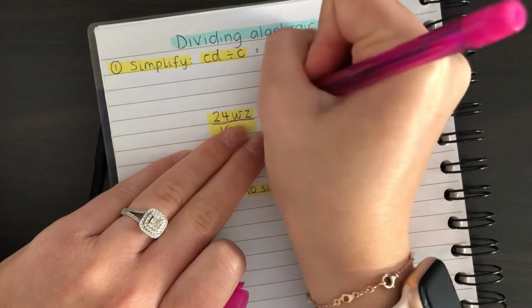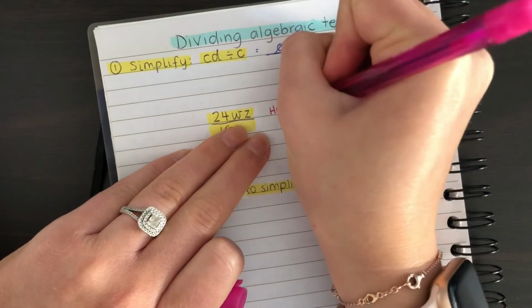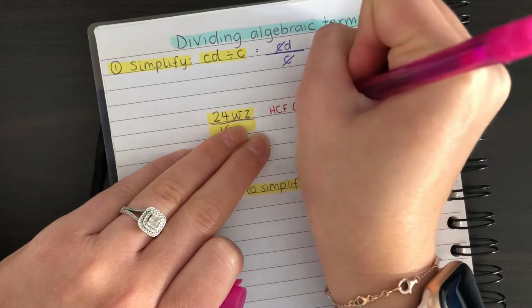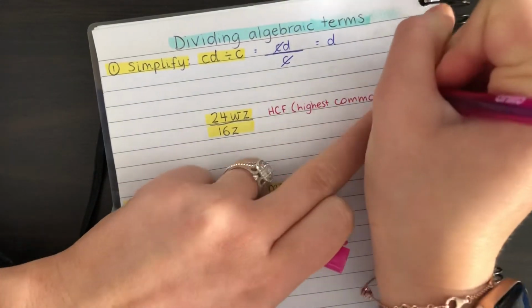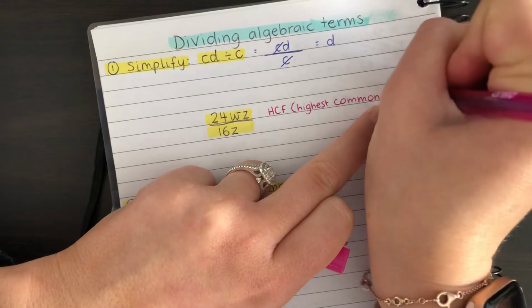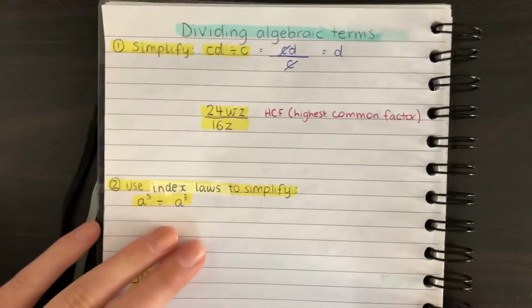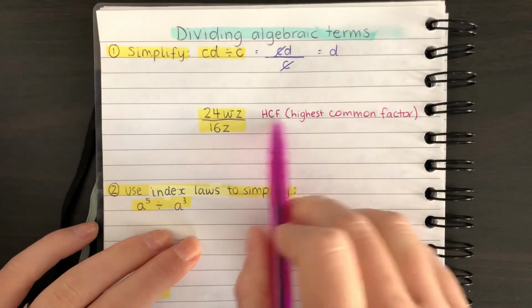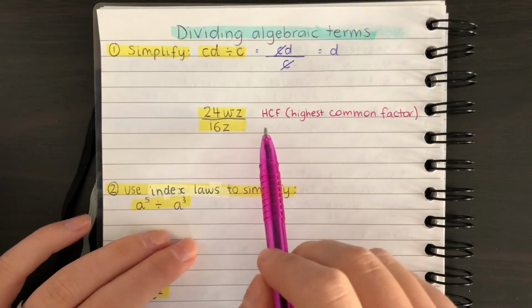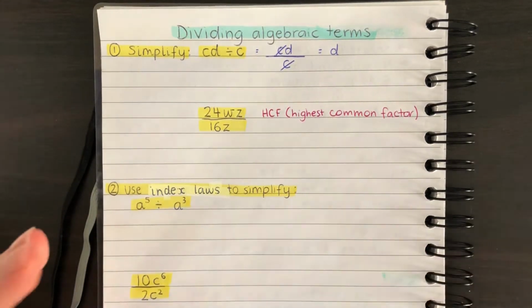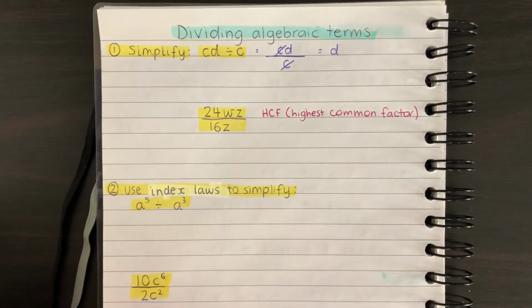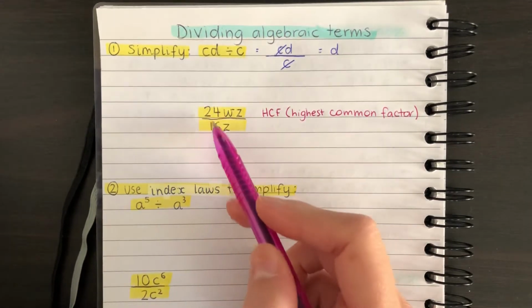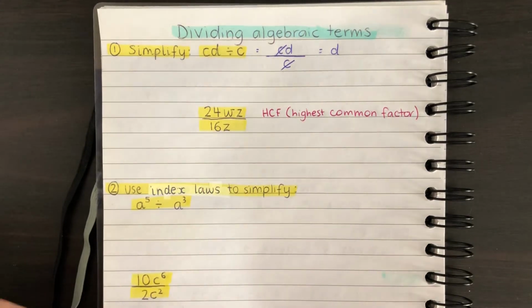So HCF, which stands for highest common factor, basically means what is the largest number that can go into both of these numbers evenly with no remainders.